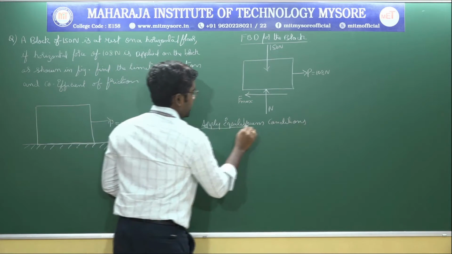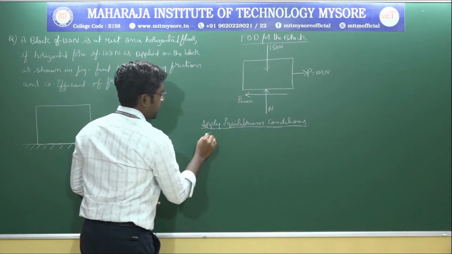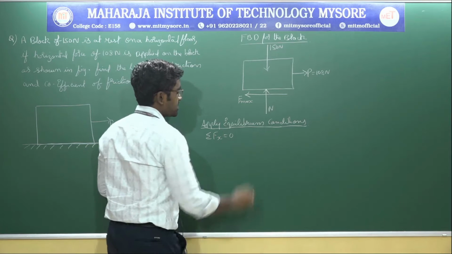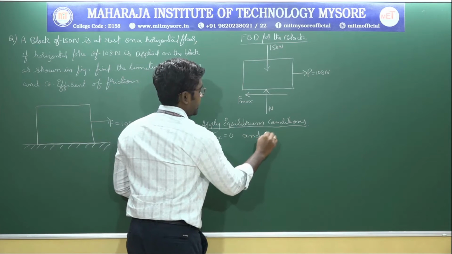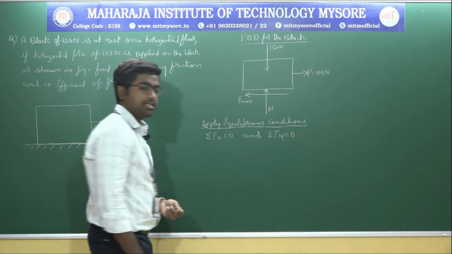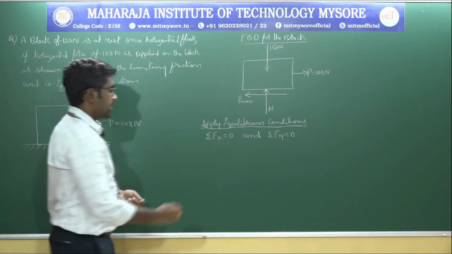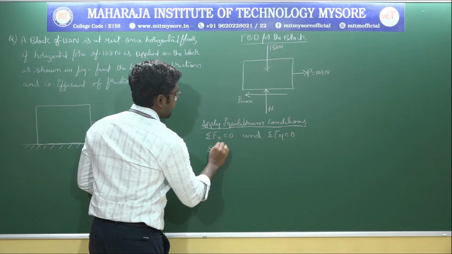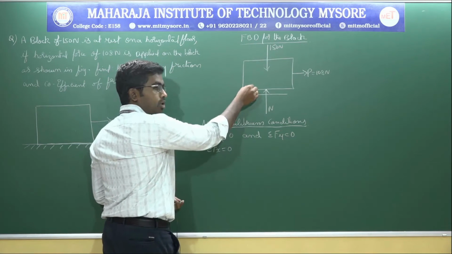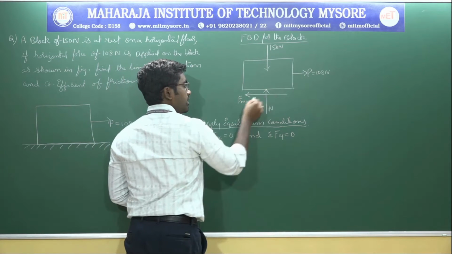I need to apply two conditions. One is summation of Fx is equal to 0 and another one is summation of Fy is equal to 0. So let us apply the first one, that is summation of Fx is equal to 0. So in this free body diagram there are two horizontal forces.